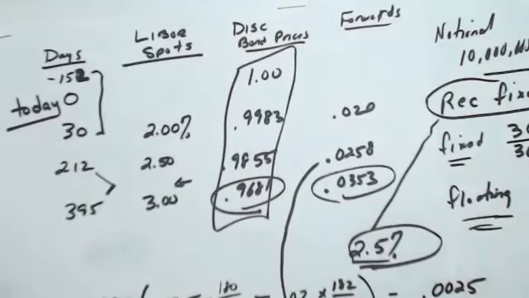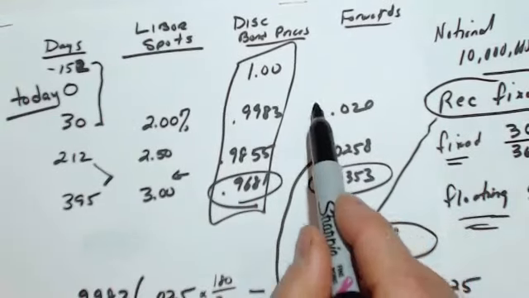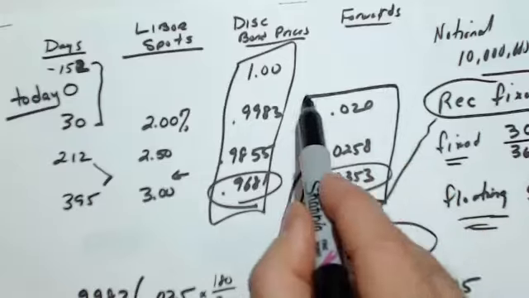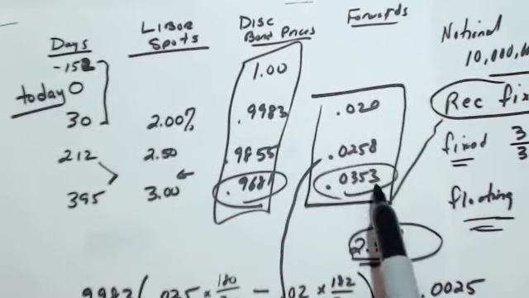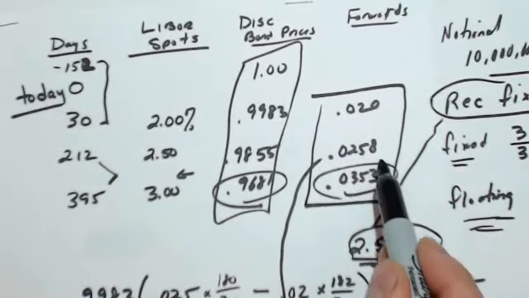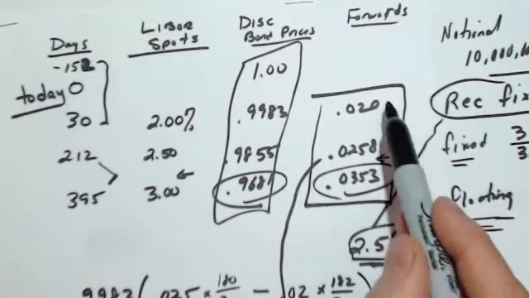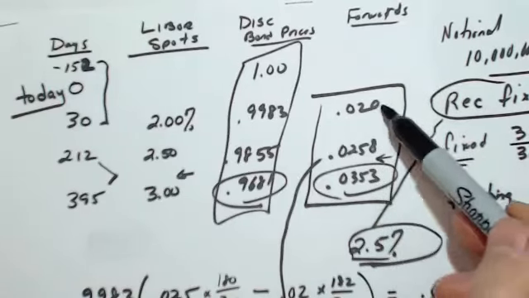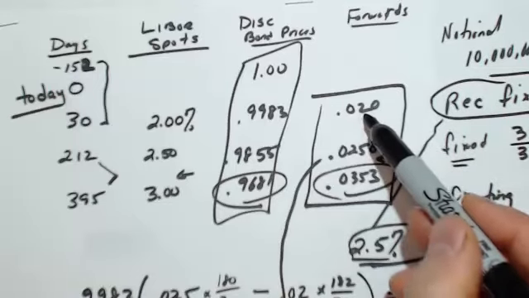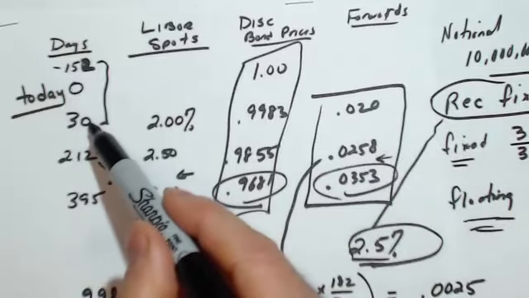The swap's fixed rate is nothing but an average of the forward rates. And so you see the 2.97% falls in right about here as being an average. And you've got to remember, the average is adjusted for time, so this 2% is only a function of 30 days.